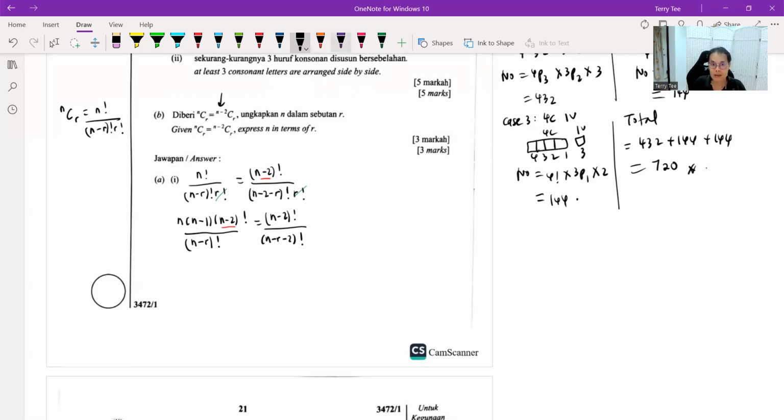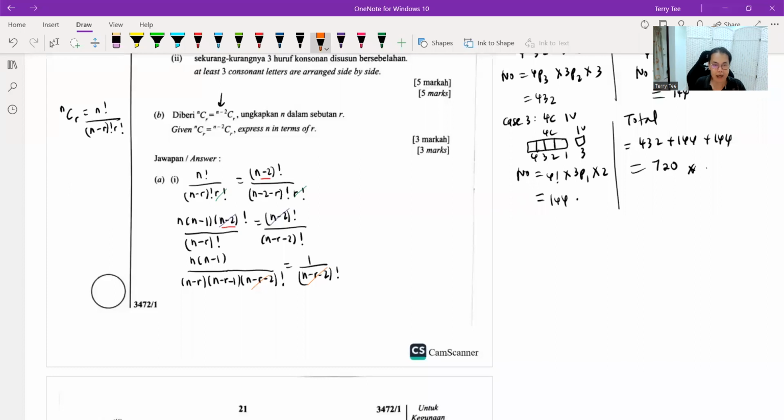Now I cancel out this one, and again I'm going to repeat the same trick. This is n minus 1. This n minus r is actually (n minus r minus 1) times (n minus r minus 2) factorial, and I have a 1 over (n minus r minus 2) factorial. Why do I break this up? Because I want to cancel this.